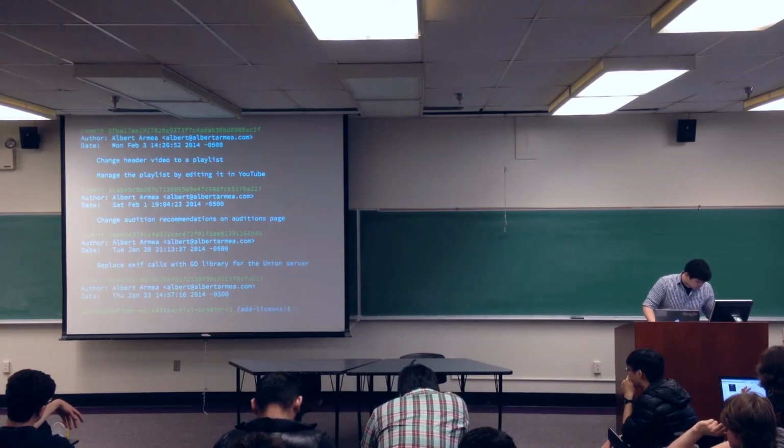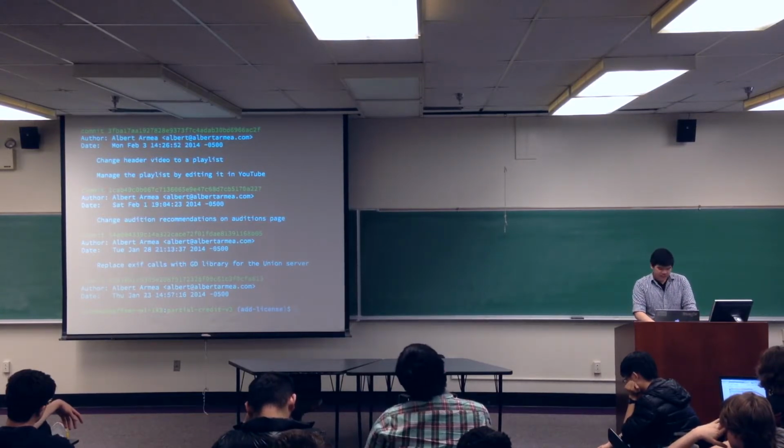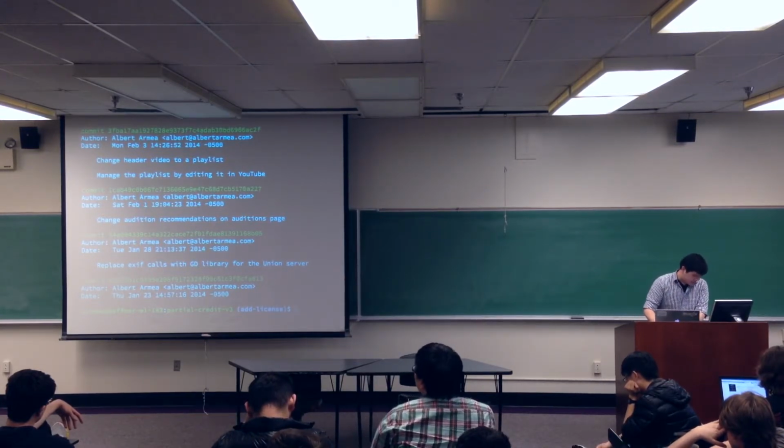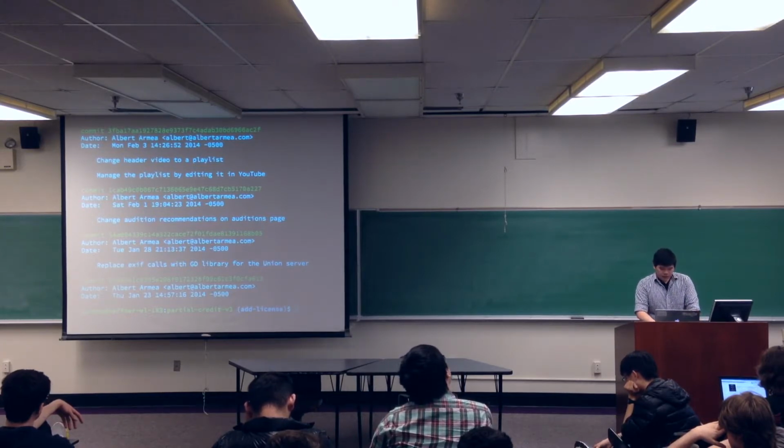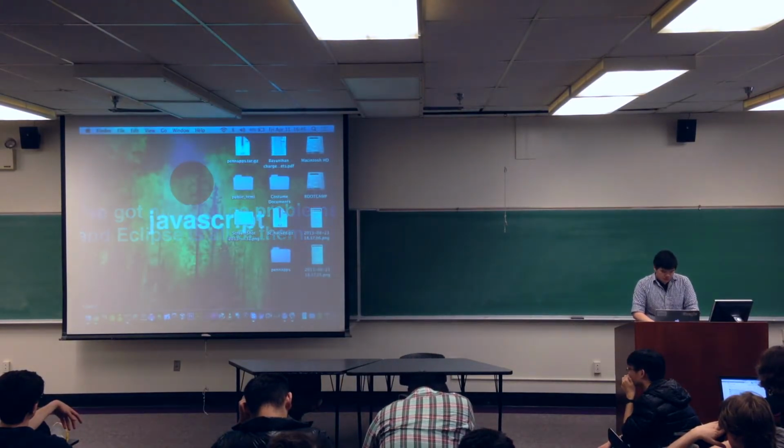Now we're going to want to go ahead and make the changes that we need here. So I want to add the MIT license. Let me just pull out the MIT license from somewhere and paste it into a file.